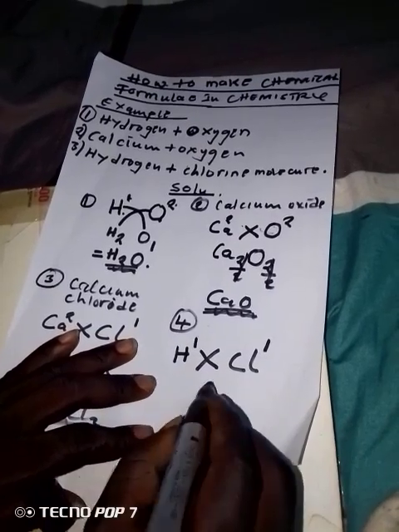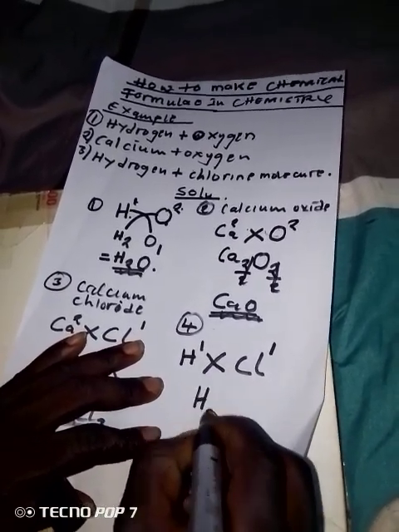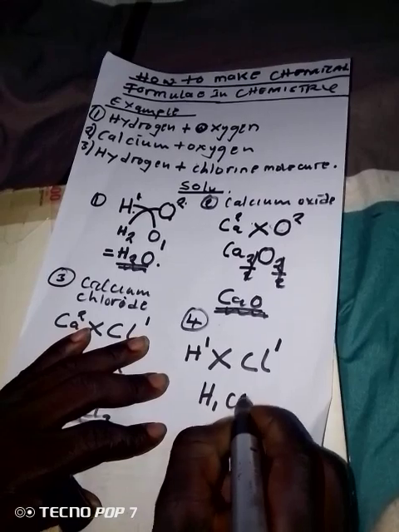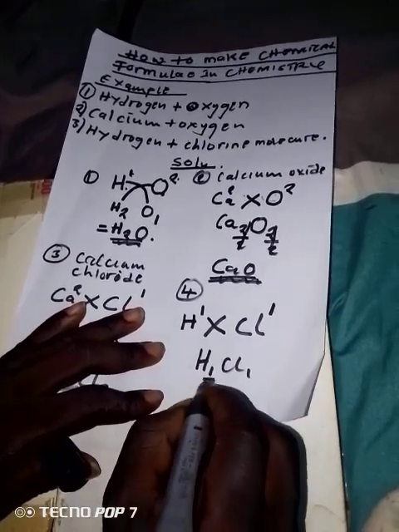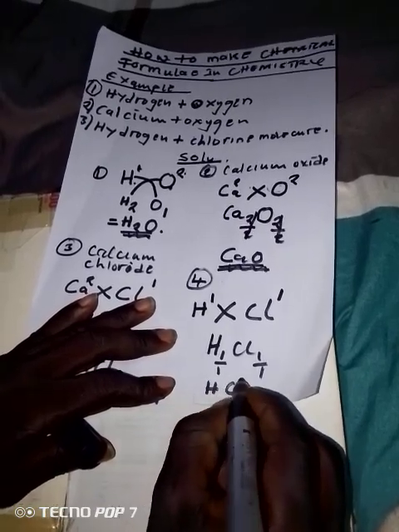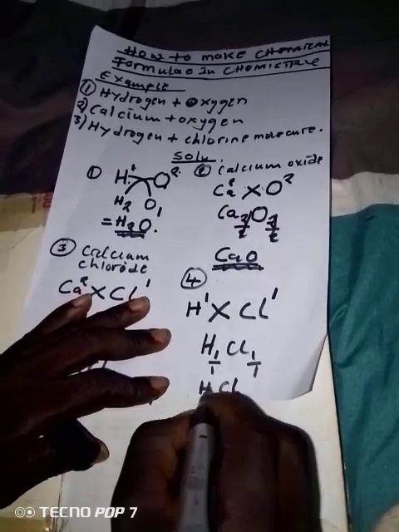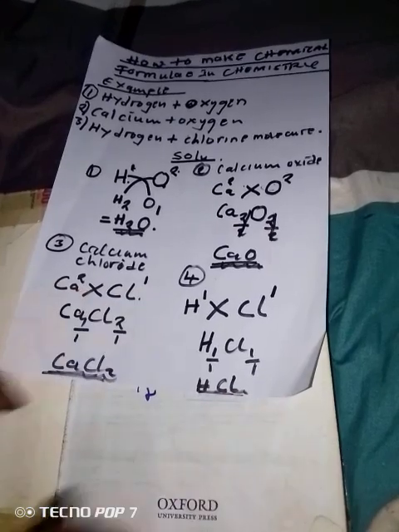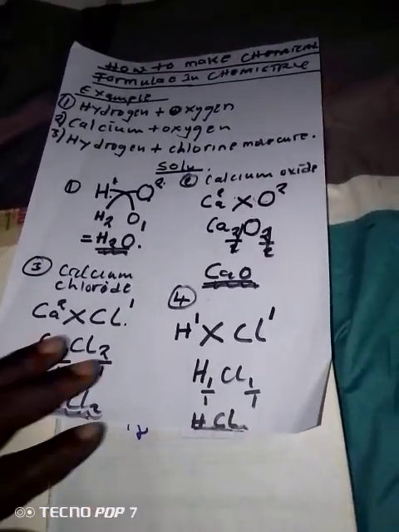Although they are 1s, it ends as H1Cl1. When you divide through by the 1s, we write HCl. So this is the chemical formula for hydrochloric acid.